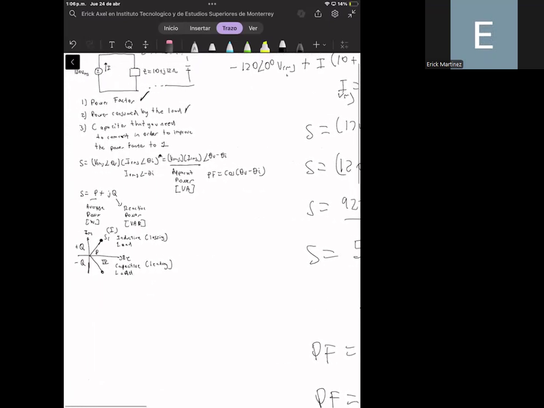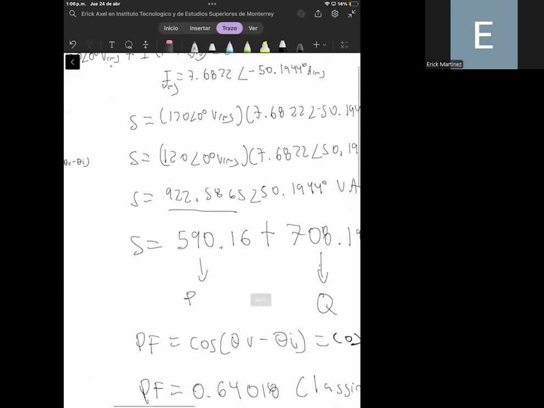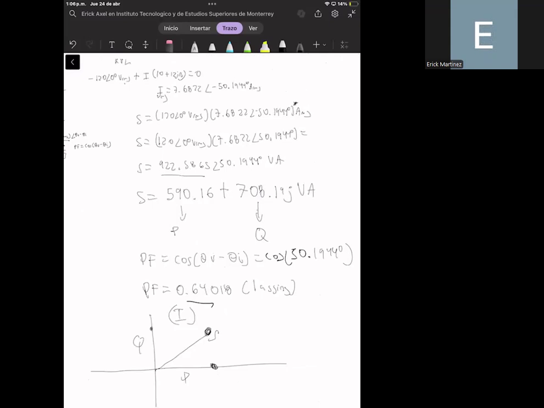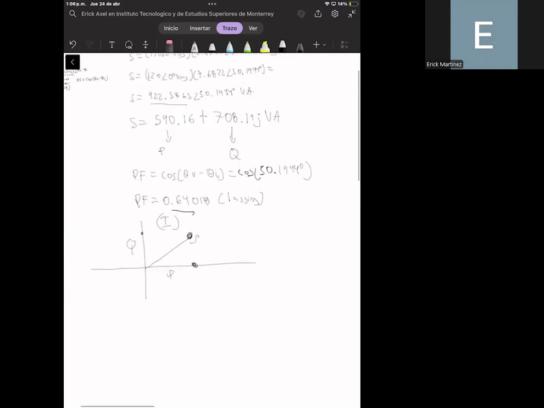And for point number C, we need to correct the power factor. In this case, we want to improve this power factor of 0.64 and improve that power factor to 1, or to unity. So to do that, we know that the new power factor is 1. Okay.